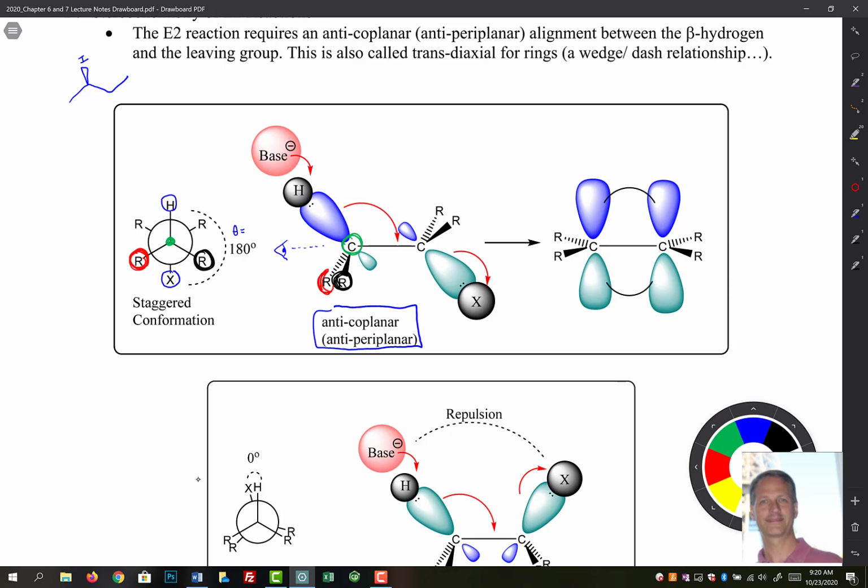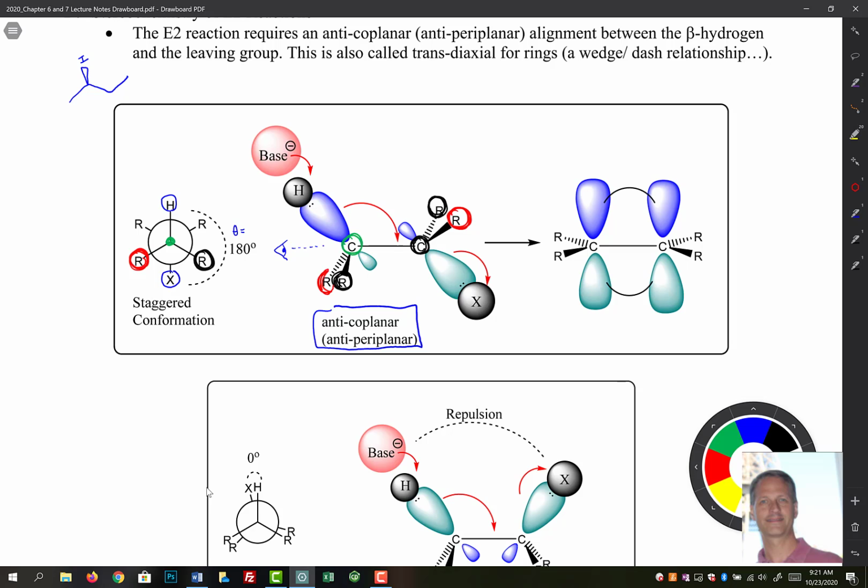Let's do the same thing over on this carbon and identify where those are in the Newman projection. I want to circle one as red and one as black here. In this case, I'll circle this dash group as black, and this wedge as red.